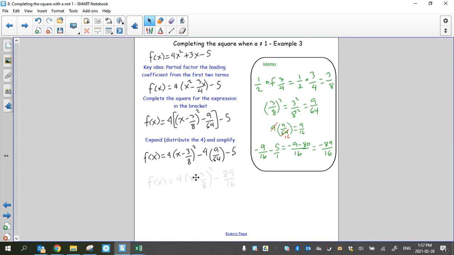So at the end, my expansion looks like this. Yes, it has fractions, but hey, no problem. This is now the vertex form, and we have completed the square for this expression. The vertex is at −3/8 and −89/16.